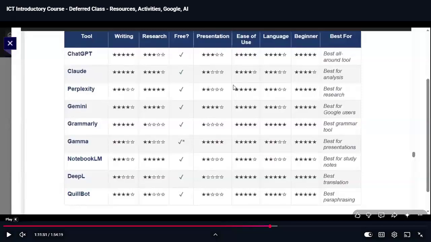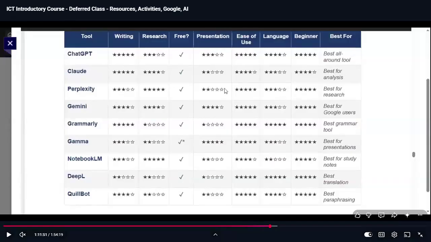Okay, what else is the best for analysis? Perplexity, the best for research. No discussion with that. The best. Very successful, very precise for those who are looking for a tool for doing research, deep research.